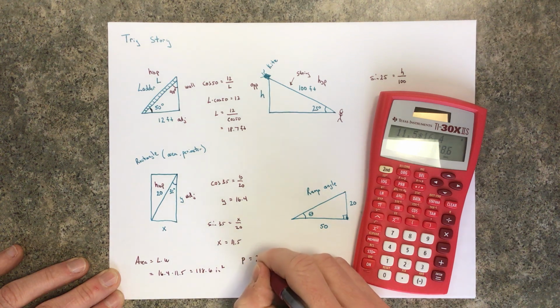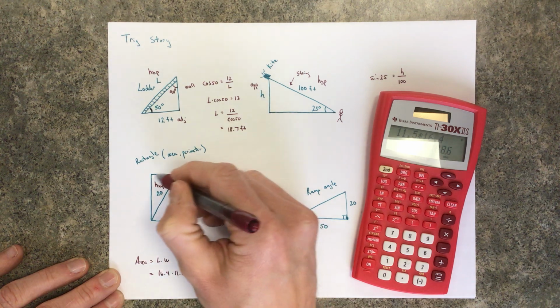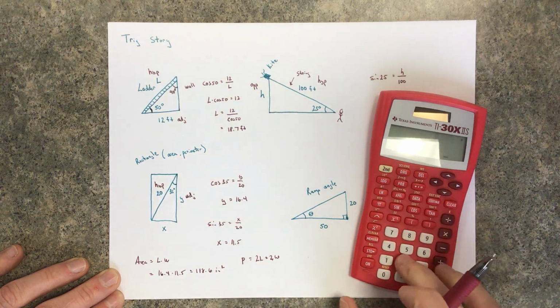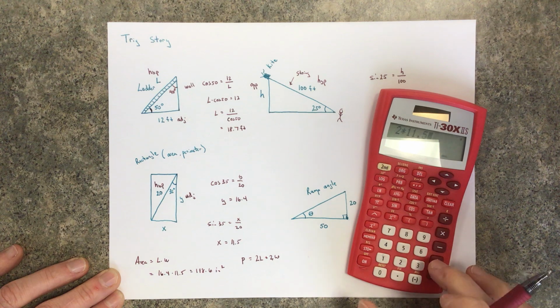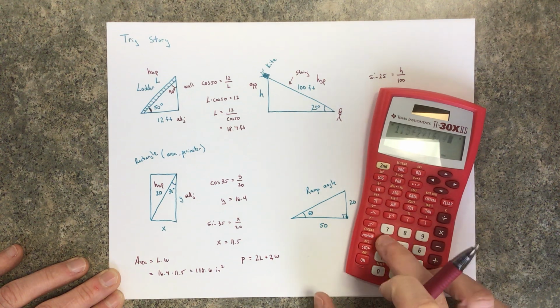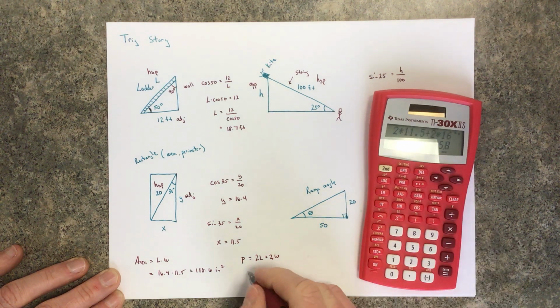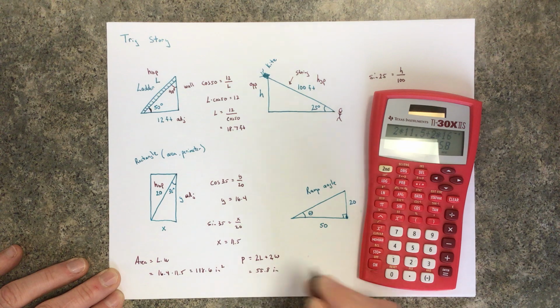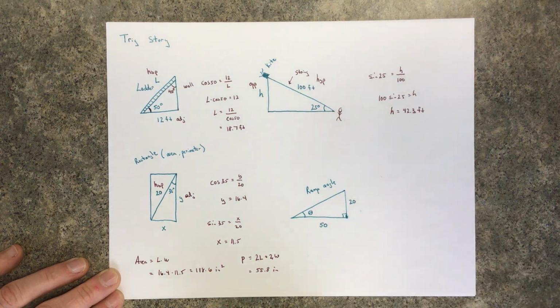The perimeter is twice the length plus twice the width, right? The perimeter is the distance around. So you go 2 y's and 2 x's. So that's just 2 times 11.5 plus 2 times 16.4. 55.8, and that would just be in inches, right? That's just the distance.